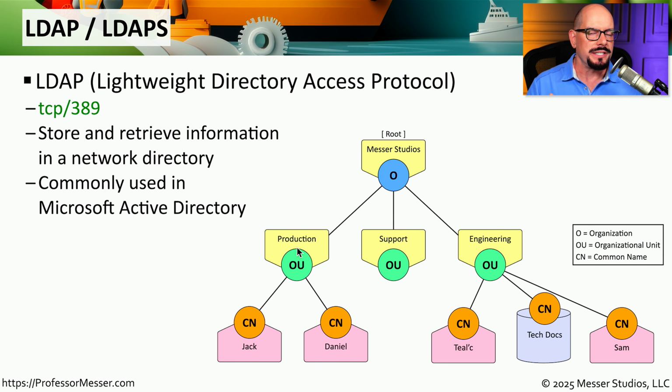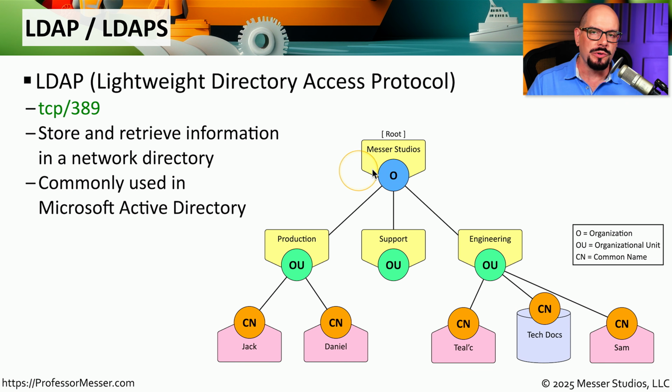This directory is usually separated into different categories, such as an organization, an organizational unit, or a common name. For example, at Messer Studios, we might have a production organizational unit, a support organizational unit, and an engineering organizational unit. And of course, within those, there may be individuals using a common name, such as Sam or Daniel, and we might also have a database called TechDocs.